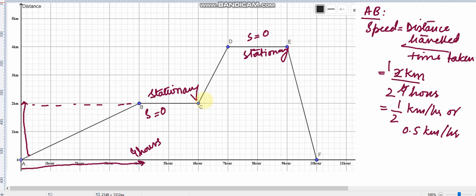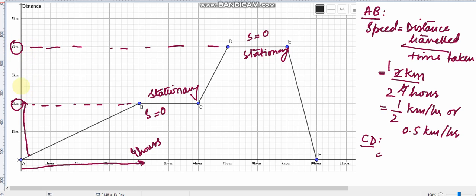Now let's quickly calculate the speed of C to D. Now in C to D, we know the formula. We will be using again the same formula. Now see how much distance we have covered. From C to D, C starts at 2 kilometers and D is ending at 4.